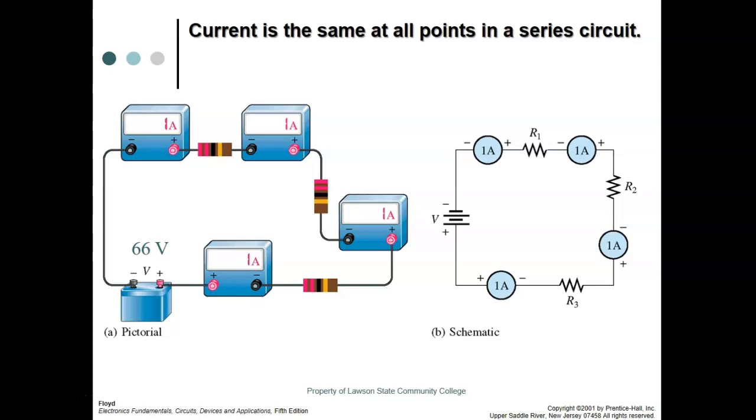No, voltage is your engine. Resistor is all the cars you strap to the back of it. But just like if you put more engines on one than you do on another, your voltage and your resistance are going to determine your current. But once you determine that current, the current is not going to change throughout the whole circuit. Okay?